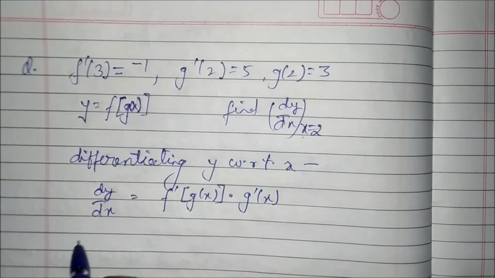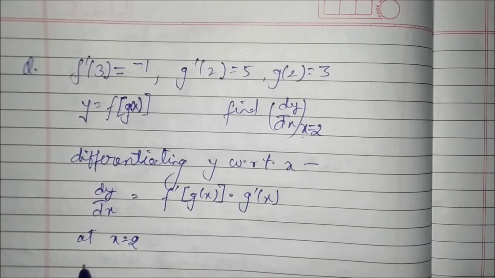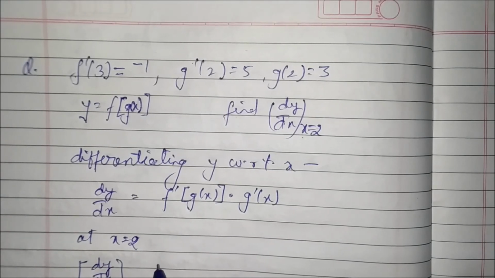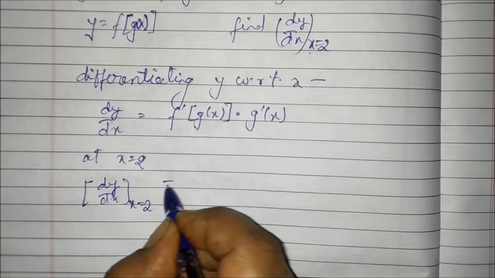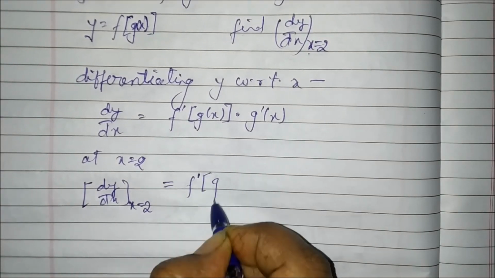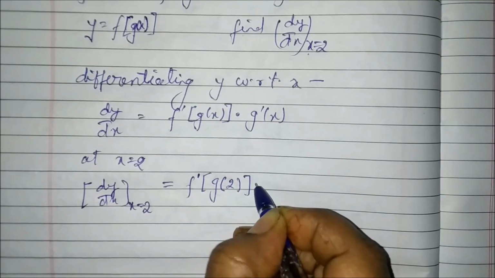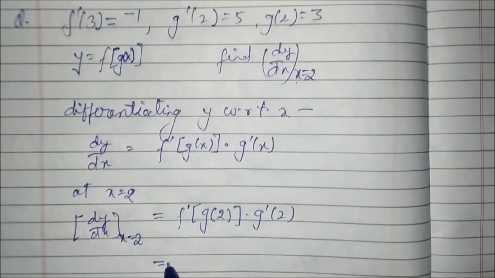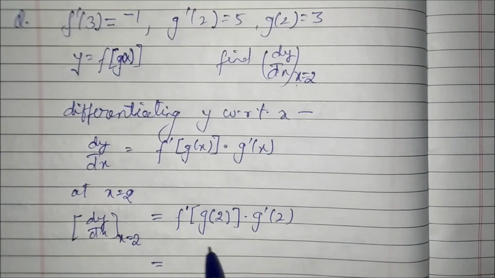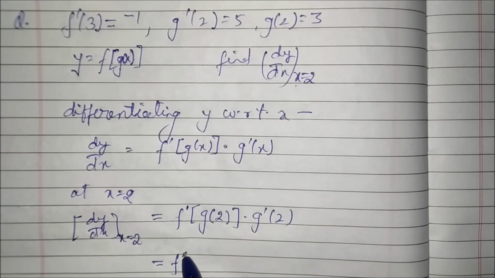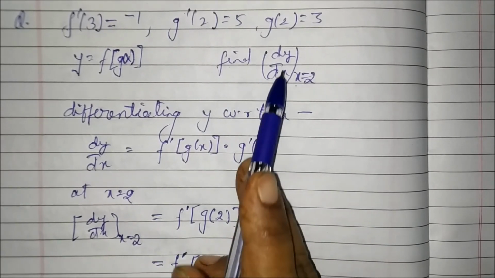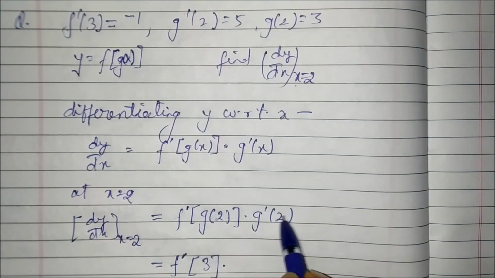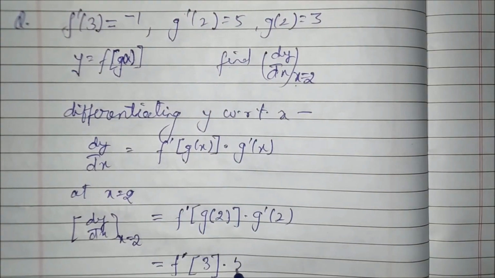But at x equals to 2, we have dy by dx at x equals to 2 equals f dash, in place of x we write 2, into g dash of 2. Now we will take the values. f dash of g of 2, g of 2 is given 3, so we write here 3, into g dash 2, which is given 5, so we write 5.